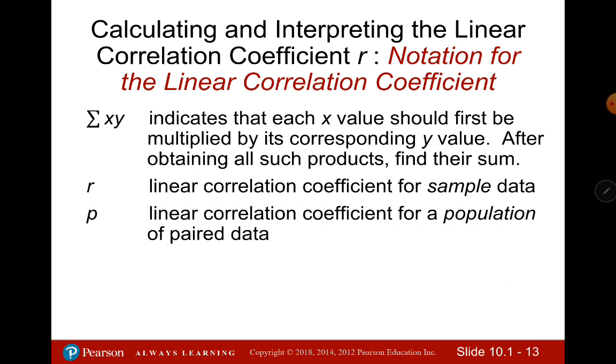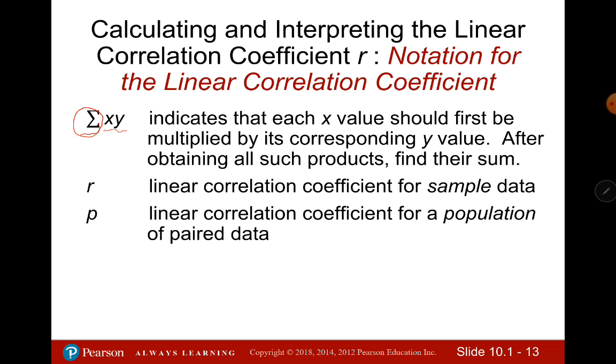Similarly here, for each x1, y1, I find the product first. For the first observation, I find the product of the two values, x1 times y1. For the second, I find the product x2 times y2. After I list all 10 x times y products, I find the sum of all the products.